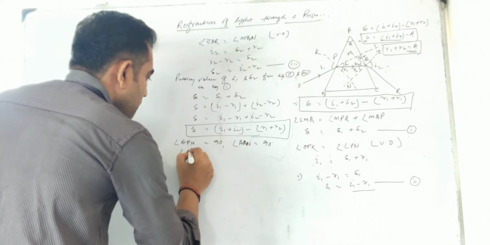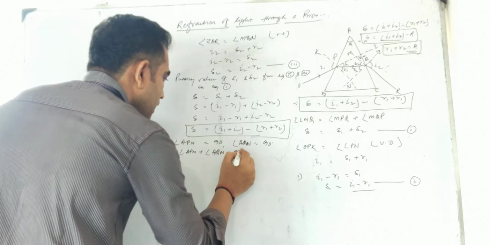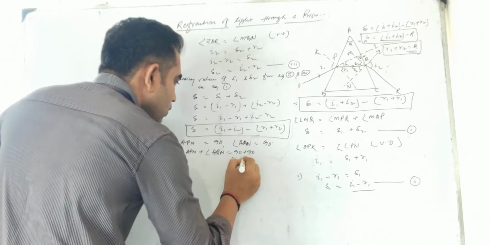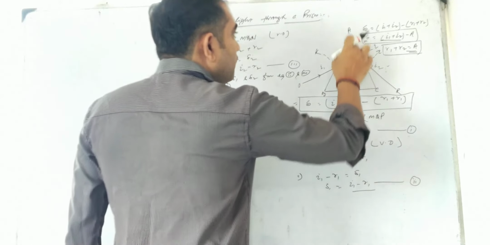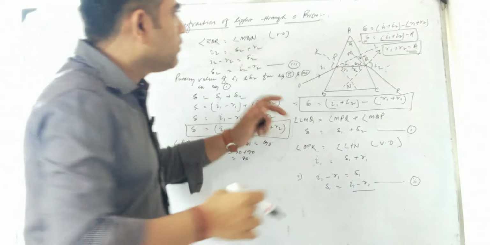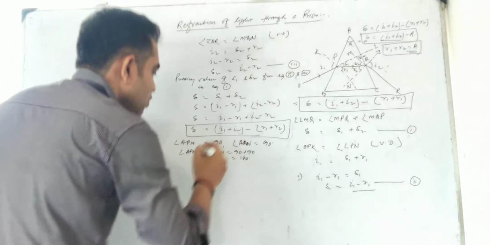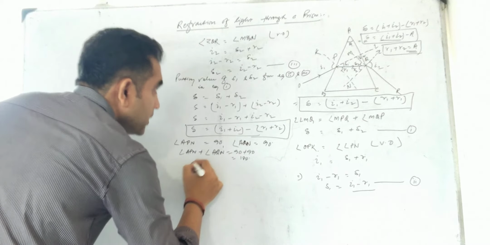So angle APN plus angle AQN equals 90 plus 90, that is 180 degrees. So the value of these two angles is 180 degrees, and the angle of prism is angle PAQ.